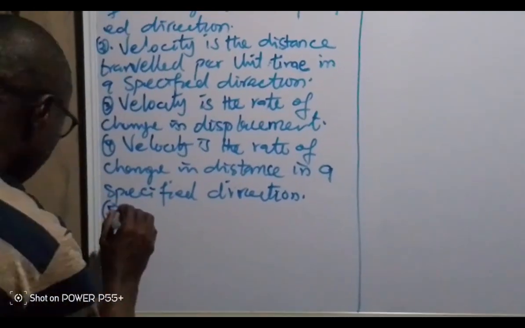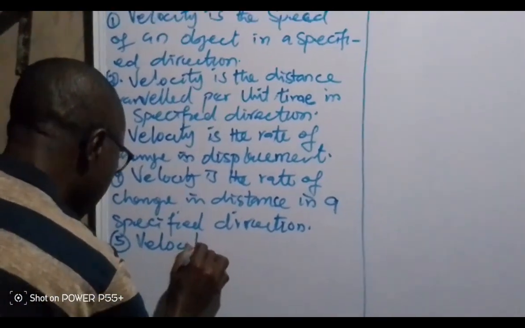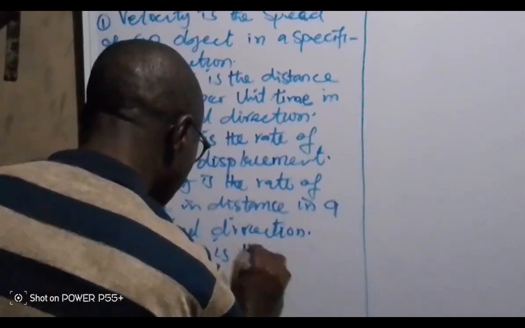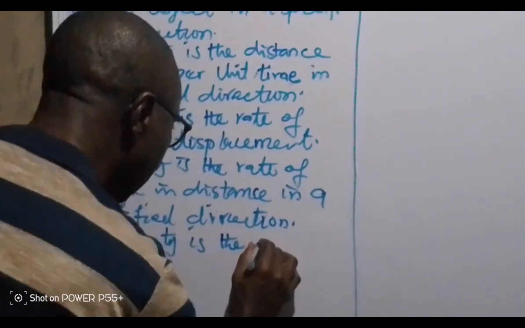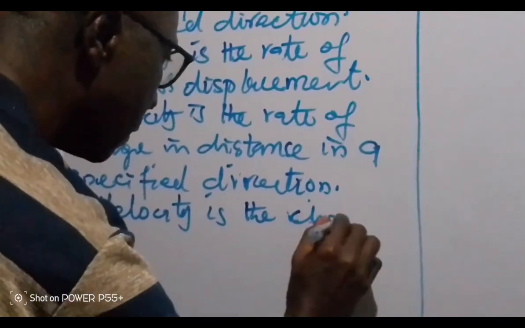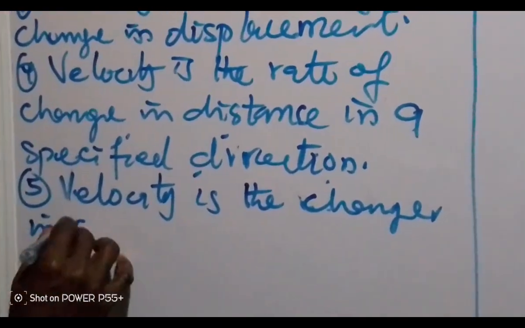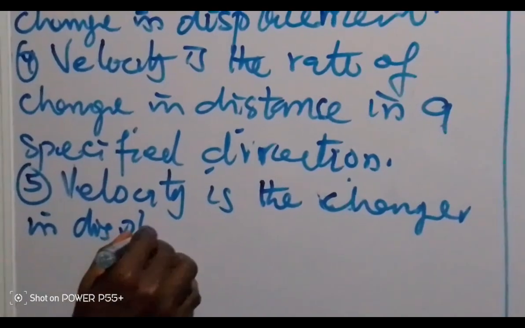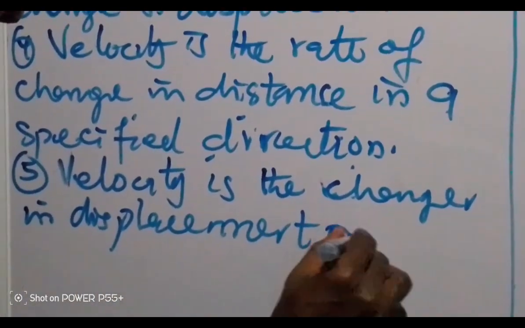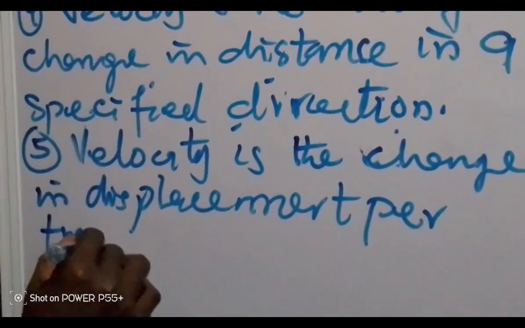Number 5, it can also be defined as: velocity is the change in displacement per time taken.